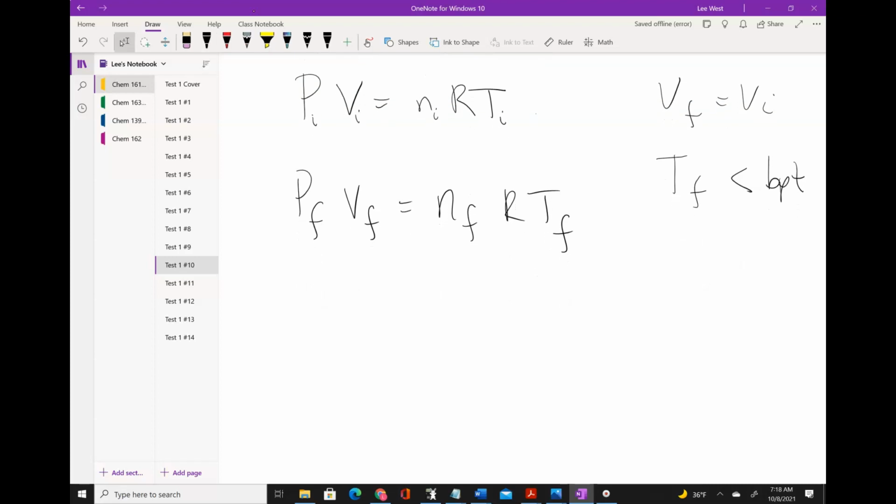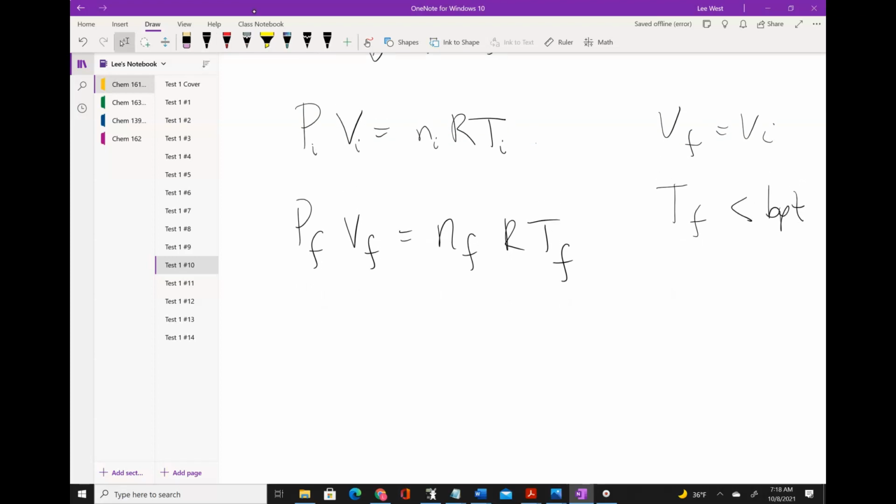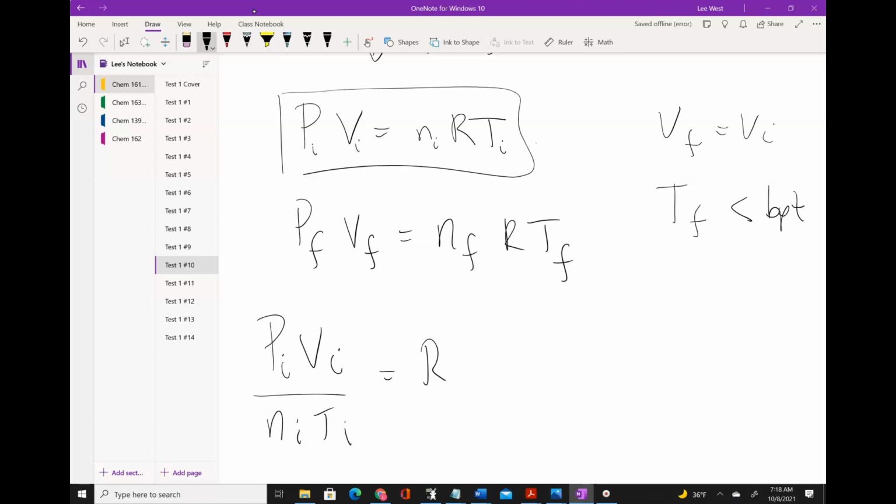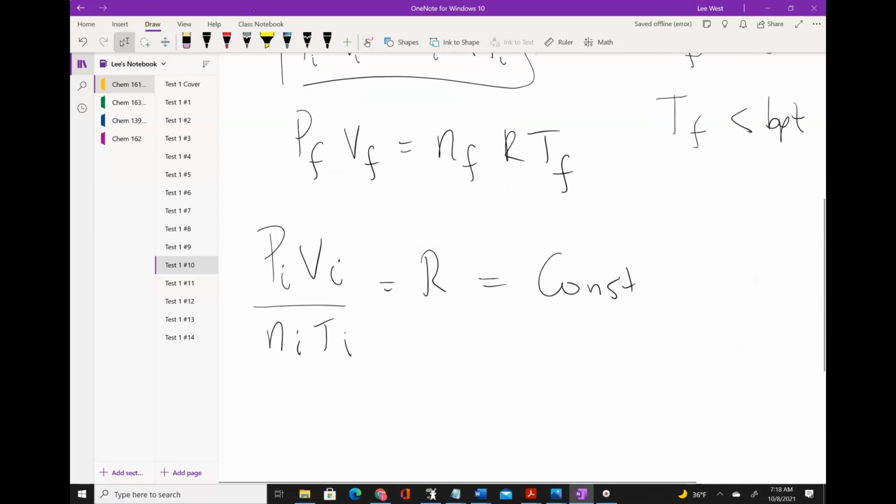That's the issue. So there's this thing called the combined gas law, and you can probably see this. If I reorganize that first expression, you can see that I would get a constant. It's called the ideal gas constant.